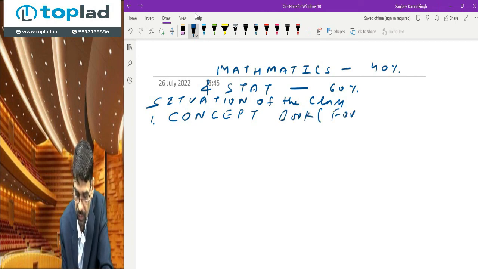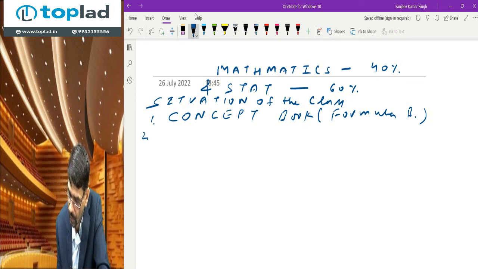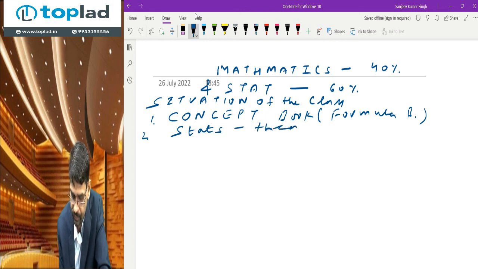So we will provide a concept book. Concept book means formula book. And then TopLad would provide a stat theory book, and also practice books.